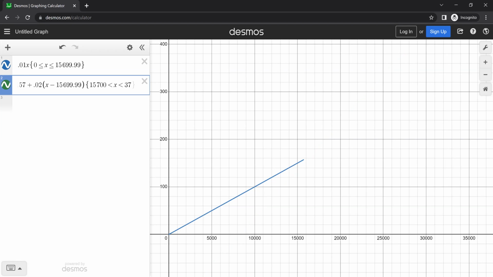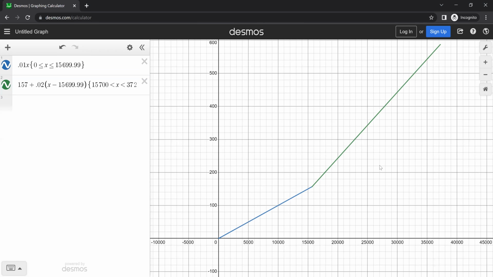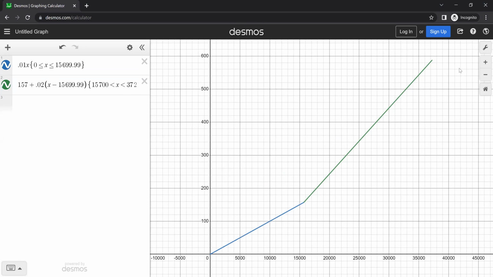Go to my other window to get that number, 219.99. Okay. And there's a reasonable window there. So the edge point is right there at the end. So a person making exactly $37,200 is going to pay $587 in taxes.